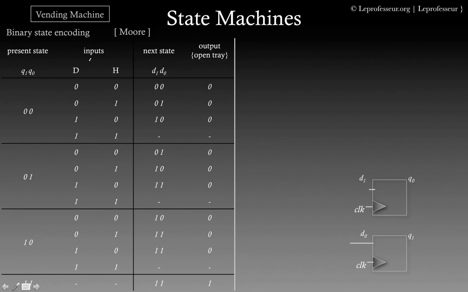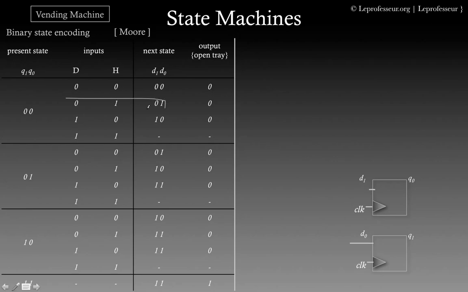We have inputs capital D and capital H, and also the states in which our circuit is, that is, the state stored in these flops. These go to our state decoding logic as well as producing the output. Now let's say we want to develop D1, wherever D1 is 1, those lines.